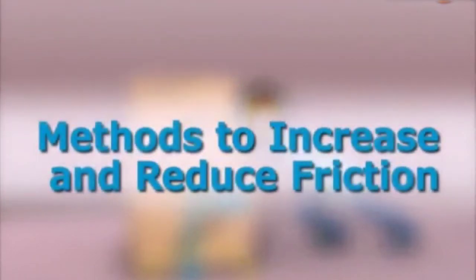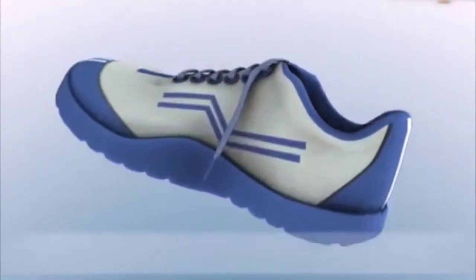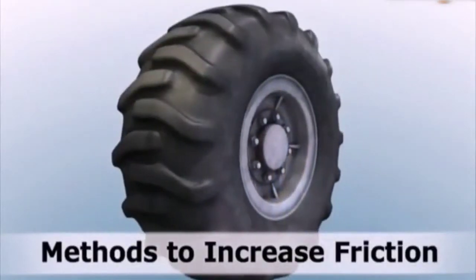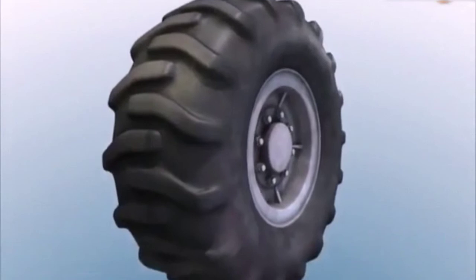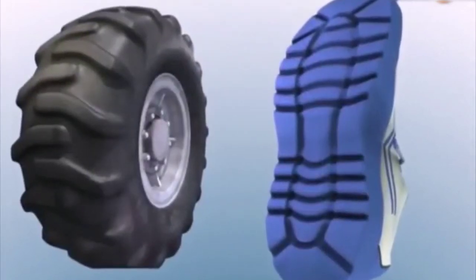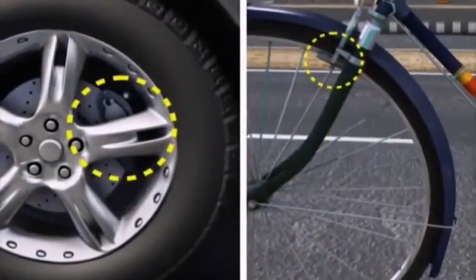Have you ever thought why your shoes and tires are grooved? It is done to provide better grip on the ground. To increase the friction, the brakes are provided in the vehicles.